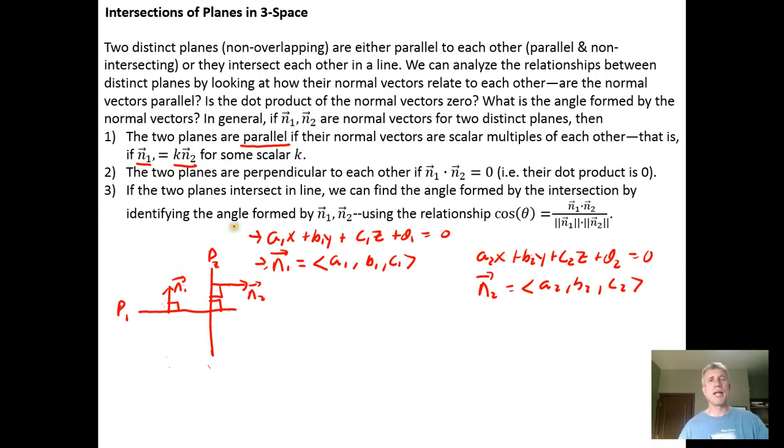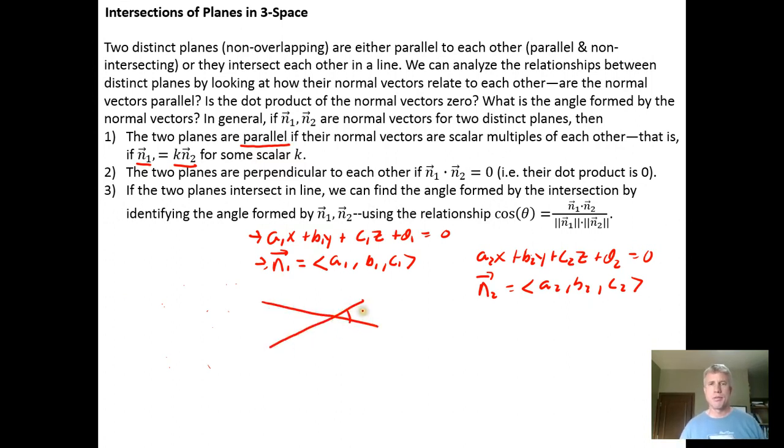If we have two planes that are not parallel and not perpendicular, then the two planes are going to meet at an angle. They would intersect at an angle, and one angle of intersection would be acute and one would be obtuse.